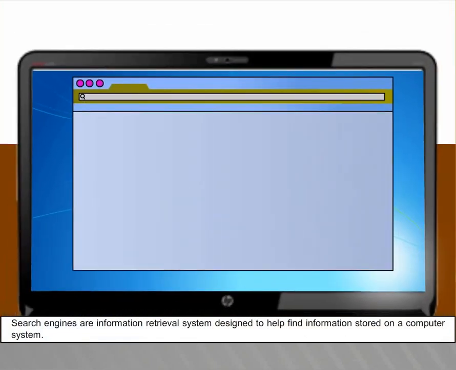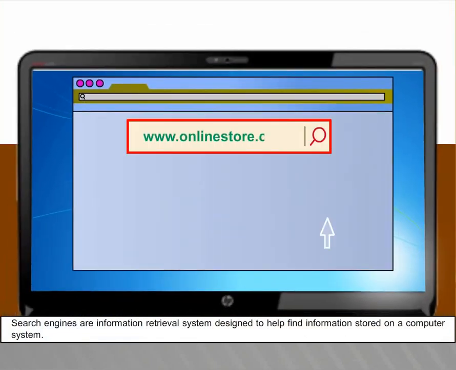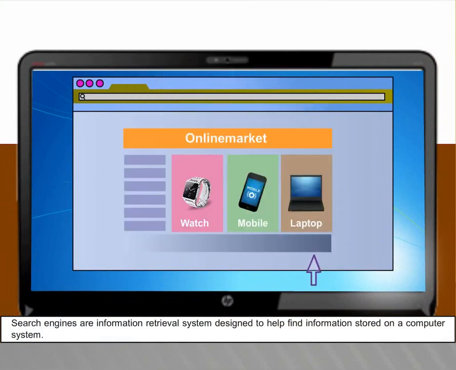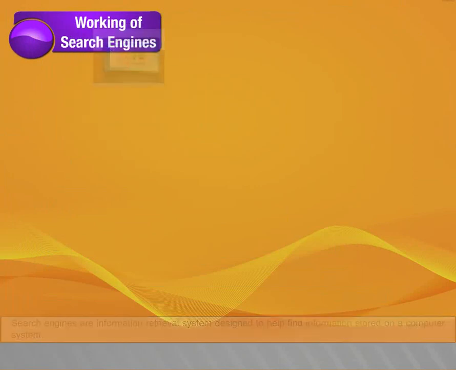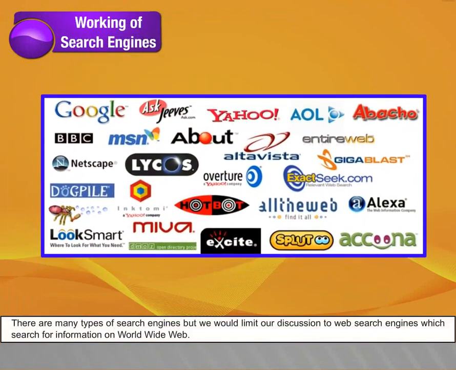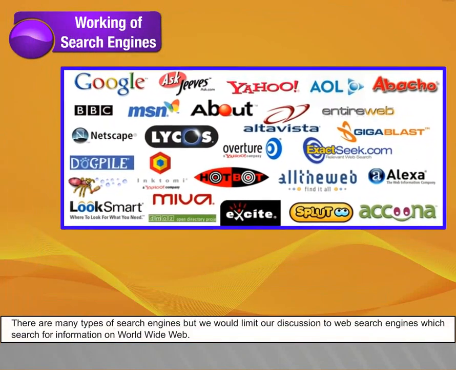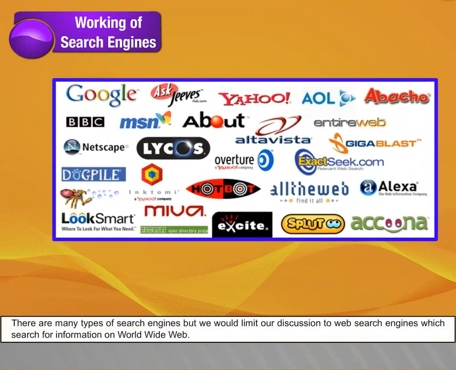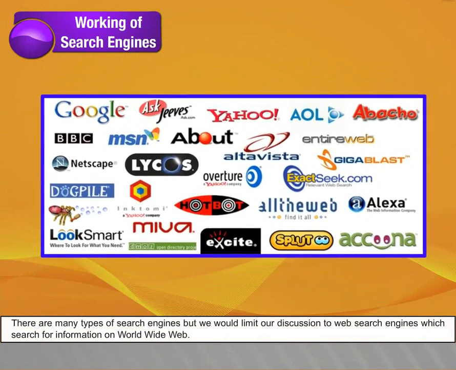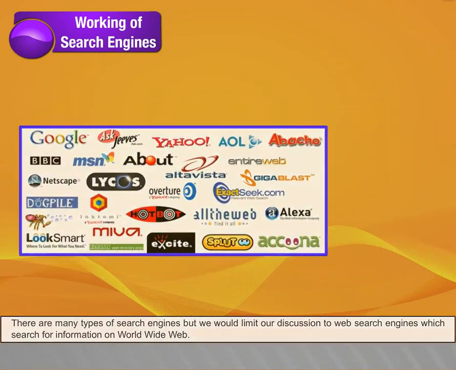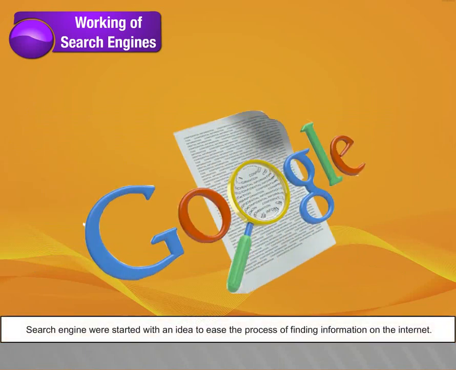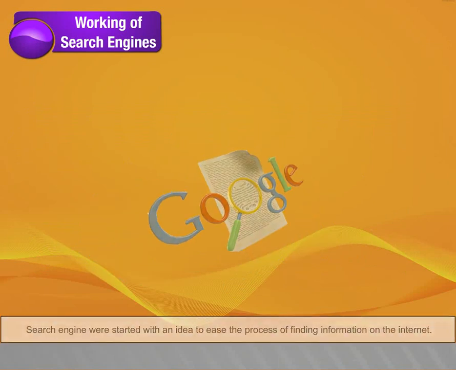Search engines are information retrieval systems designed to help find information stored on a computer system. There are many types of search engines, but we will limit our discussion to web search engines, which search for information on the World Wide Web. Search engines were started with an idea to ease the process of finding information on the internet.